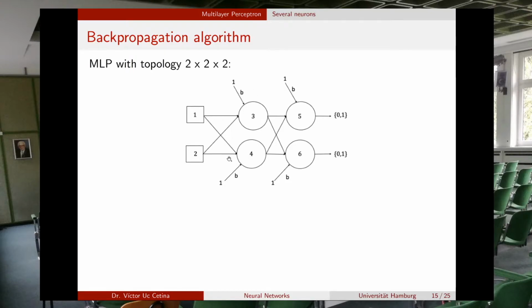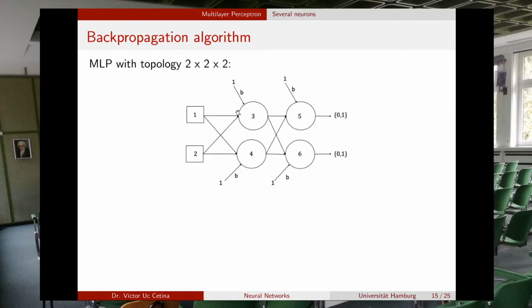In this case, we have only one. And then we have the output layer. Okay, so we always say we have an input layer, which are the features, the output layer, and possibly several hidden layers. So this will be a topology of 2 times 2 times 2.